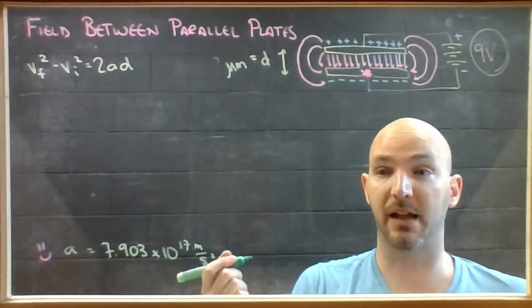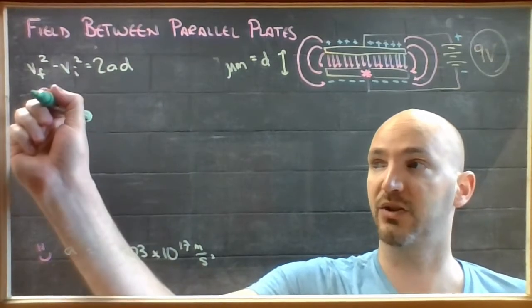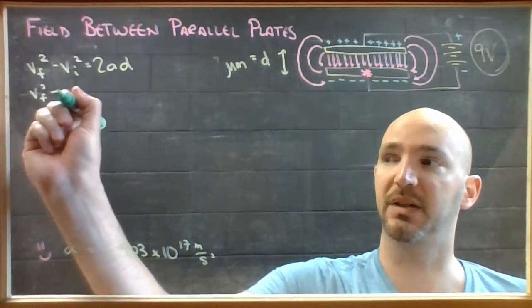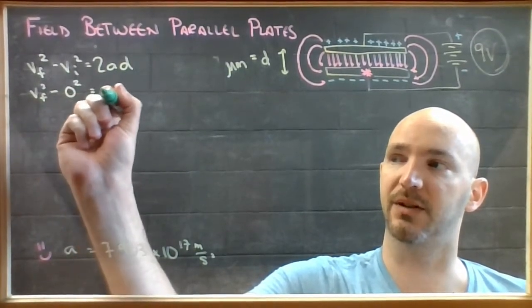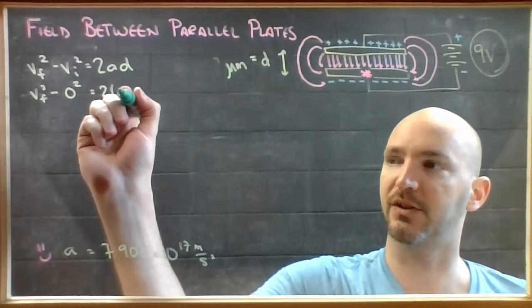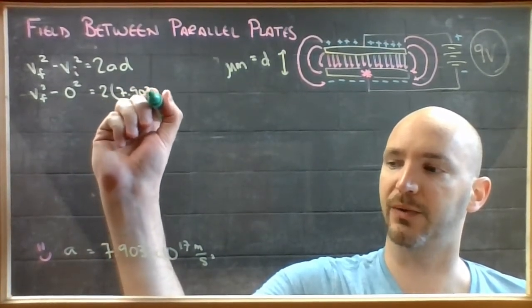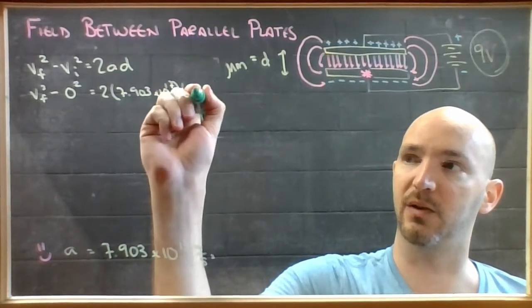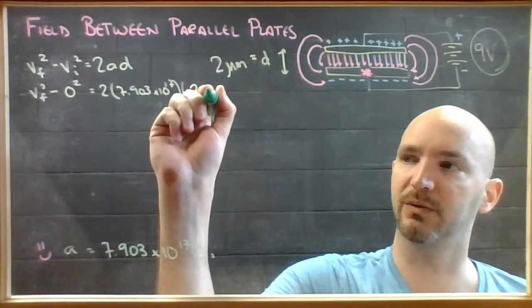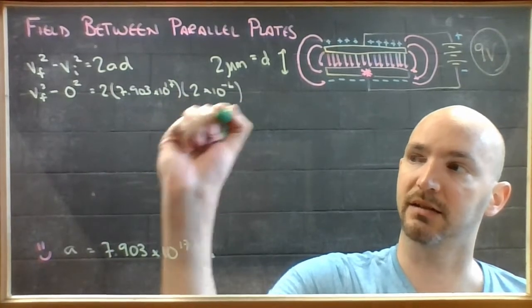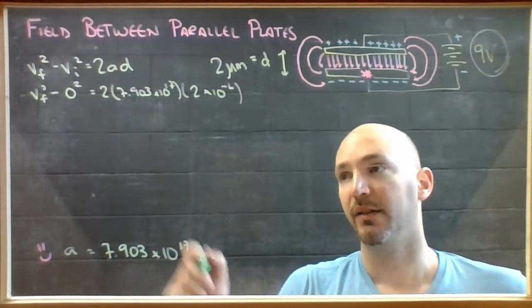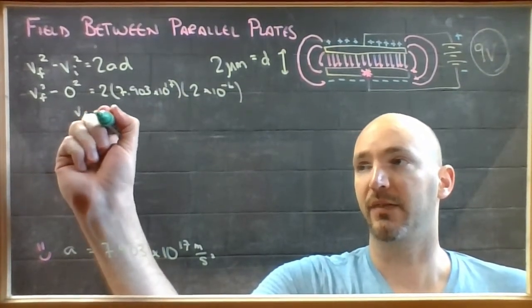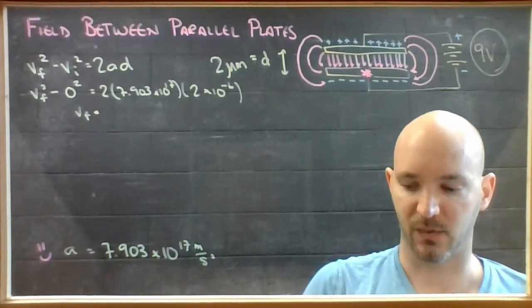So there's a kinematics equation that's going to allow me to calculate the final speed if I have an initial speed of 0, an acceleration of 7.903 times 10 to the 17, and a distance of 2 times 10 to the negative 6. So in order to get that, I'm going to have to do this times this times this, and then square root.